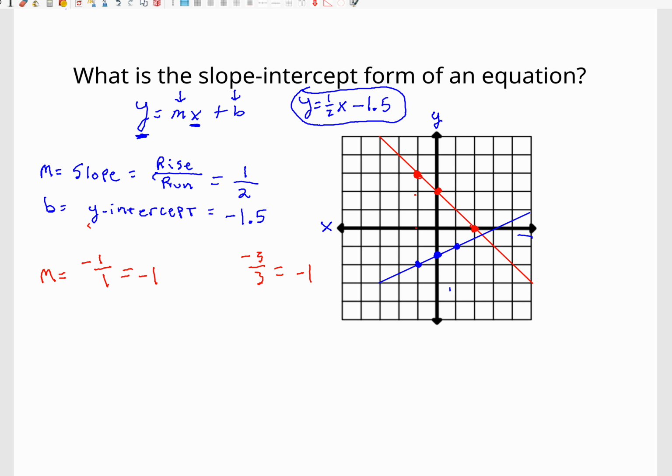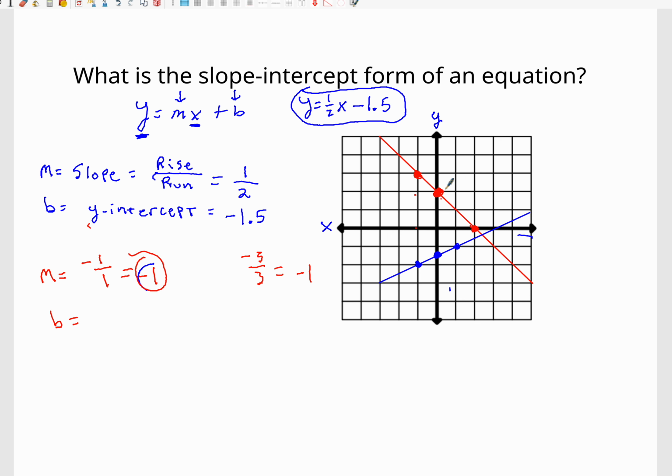Now let's write the equation of the red line. We know that the y-intercept is -1, the slope is -1. What is the y-intercept of the blue line? The red line. Did I say blue again? Yes. Sorry. What is the y-intercept of the red line?